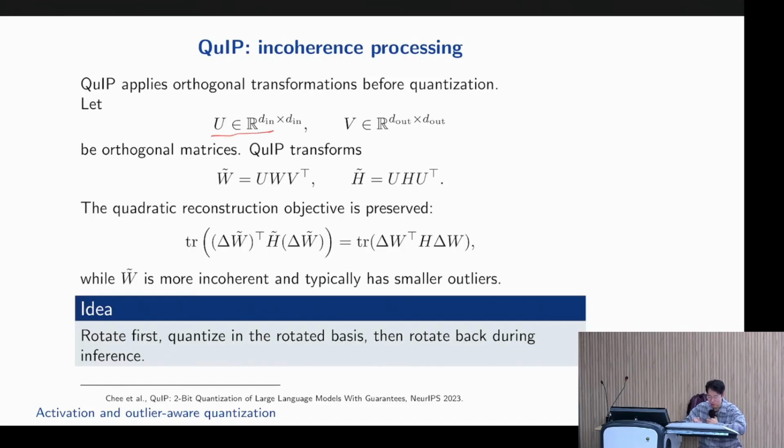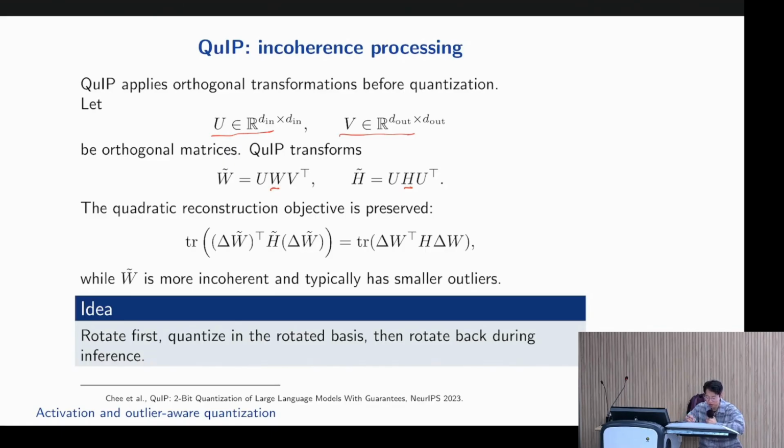this matrix U and V are orthogonal transformation matrices. Take this matrix W and H. H, remember, is X transpose X. This is the weight.